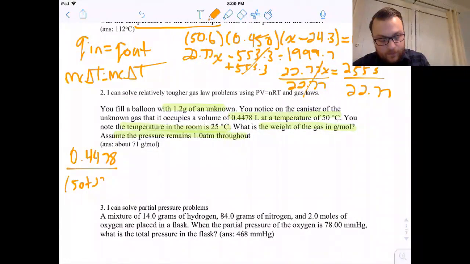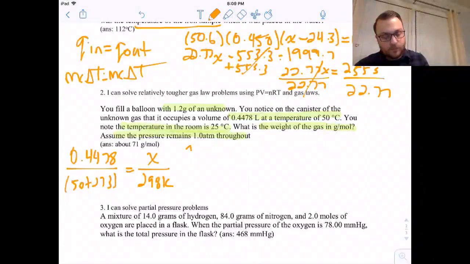And the final temperature of the gas will be 298 Kelvin over X. So it went from a volume and temperature in the canister to a volume and temperature in the balloon. You know the temperature of the balloon, but not the volume of the balloon. And doing a little quick and easy cross multiply and divide, you'll get 0.414 liters.